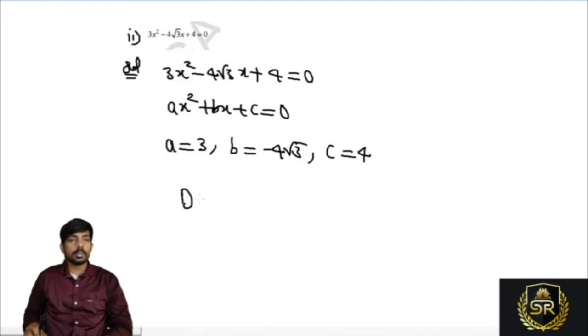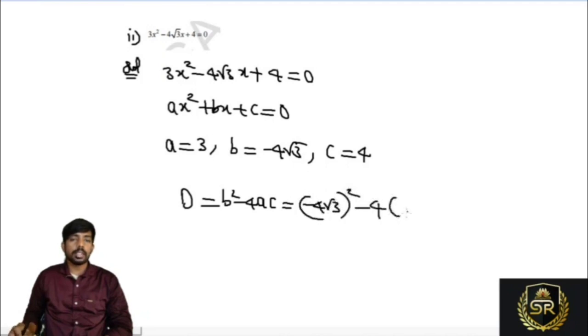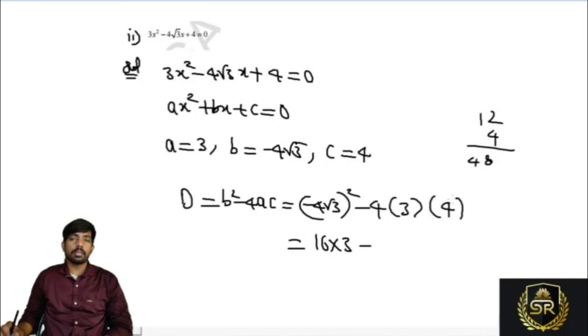Discriminant D equals b square minus 4ac. b square is minus 4 root 3 whole square, minus 4ac with a is 3 and c is 4. So 4 4s are 16, into 3 is 48, minus 4 times 3 times 4, 12 4s are 48.